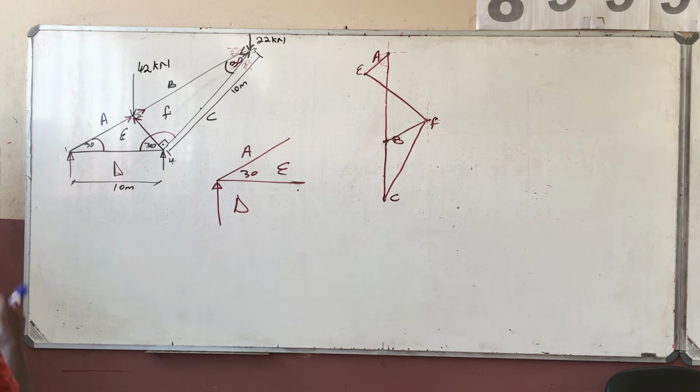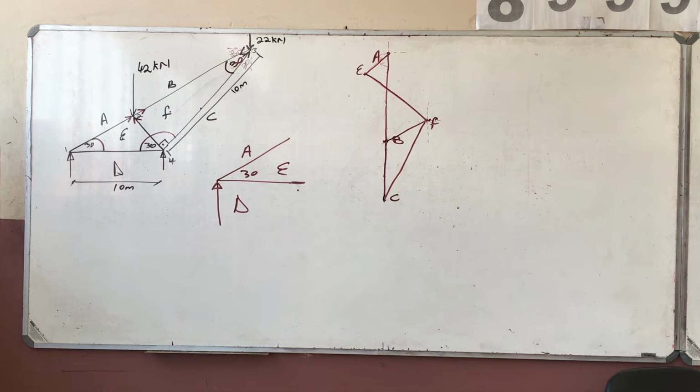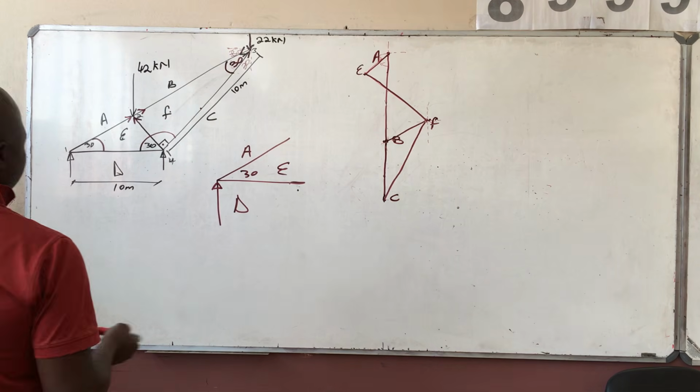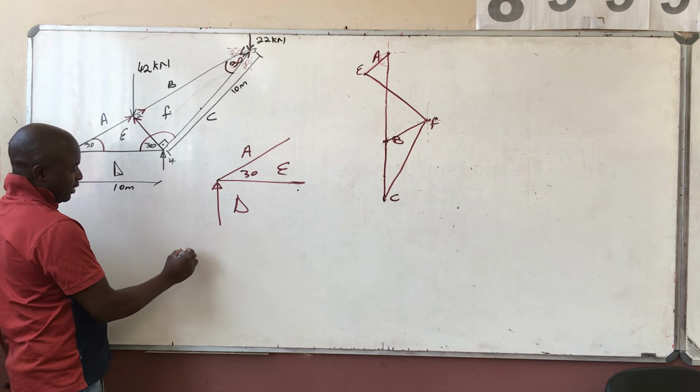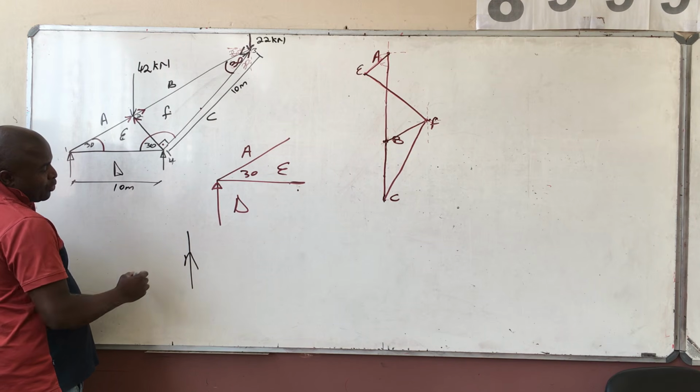Which one do we start with here? Let us start with DA. Reason being, DA has a direction. Although we do not know the magnitude, at least it has a direction. So if this one is DA, which point is A?